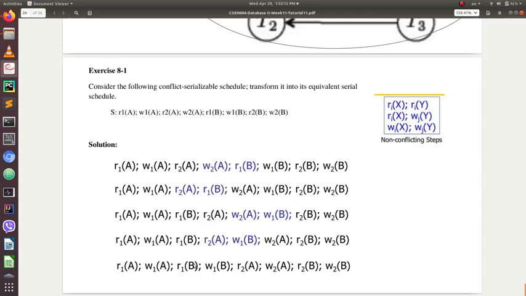And nothing is left, and we end up with all steps and actions of transaction 1 executed before all steps and actions of transaction 2. So by swapping the non-conflicting steps, we can go back to the original schedule, the serial schedule.